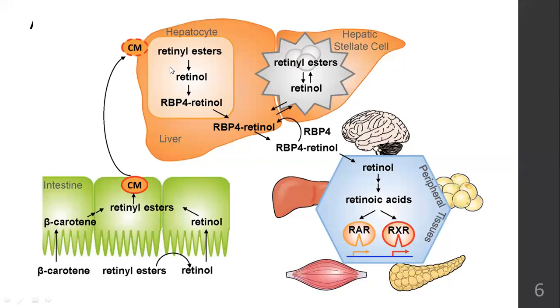It requires a protein to travel in the blood circulation and reach wherever it is required. Once retinol gets bound by retinol binding protein 4, it will leave the liver and go to the brain, to the eyes, to other fat cells in your body, to your pancreas, muscles, back to the liver, where vitamin A's functions will be carried out.